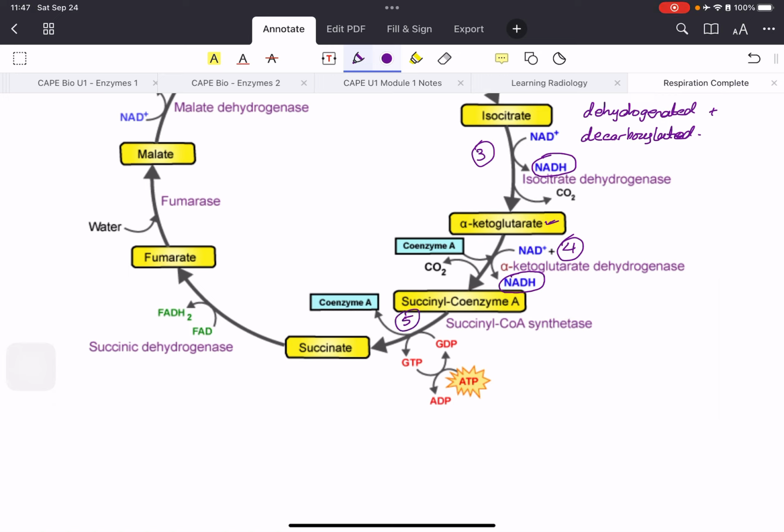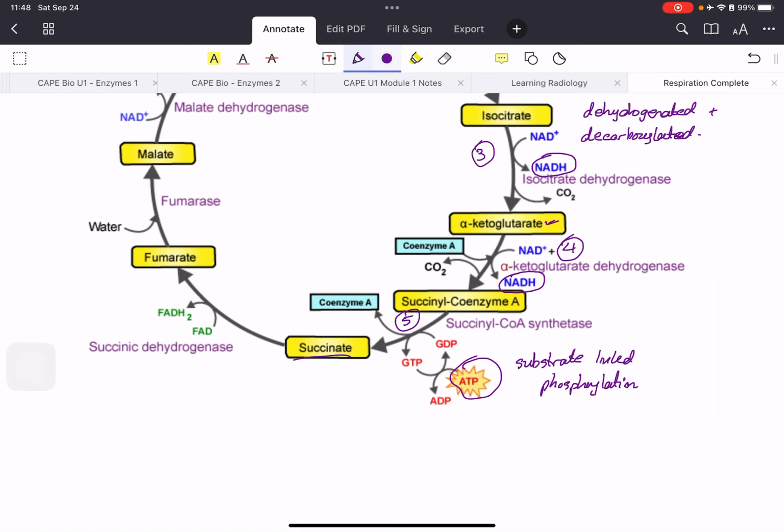However, it's not a decarboxylation reaction. It's actually substrate linked phosphorylation, which we saw in glycolysis. In substrate linked phosphorylation, we make an ATP molecule. So that's very important. That's the first ATP molecule we made in the Krebs cycle.